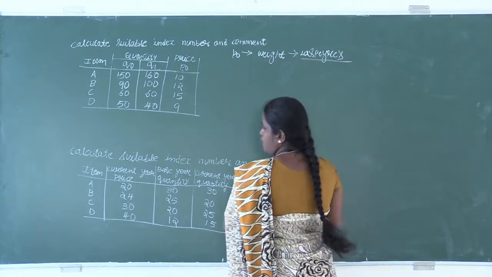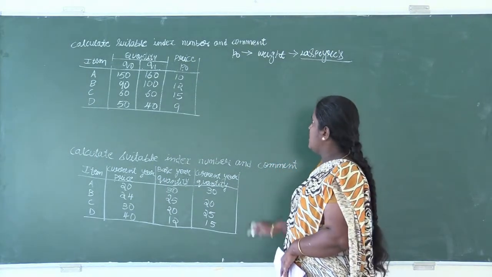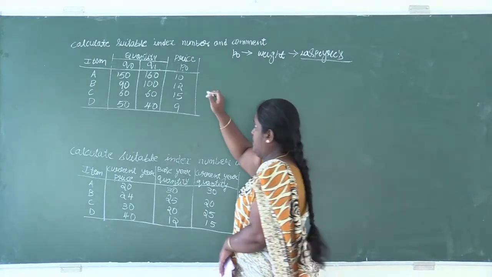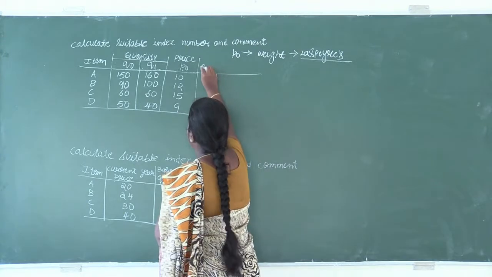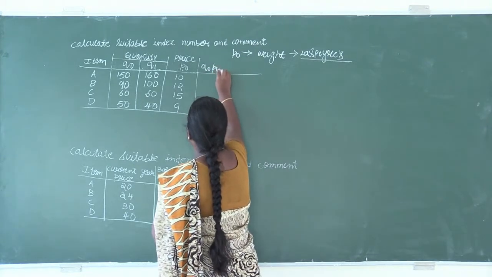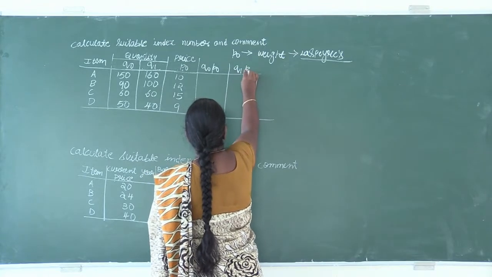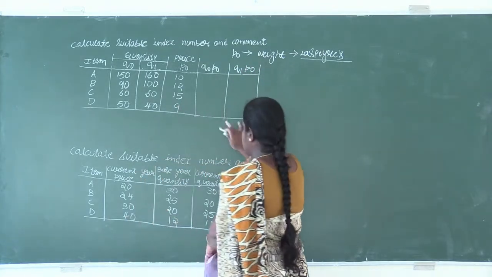So for this method, regarding the last year's quantity index number, since P0 is given as weight, now multiply Q0 and P0. Then we have to multiply Q1 and P0 to calculate the last year's quantity index number.